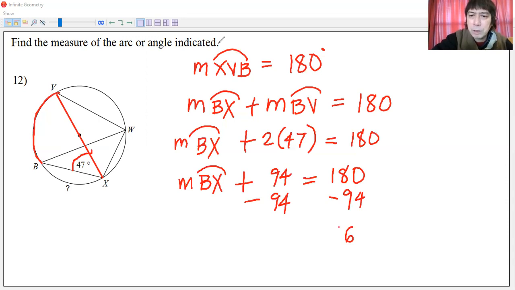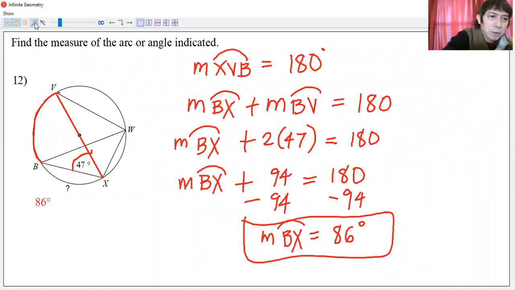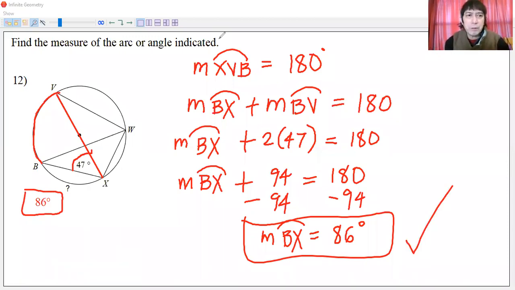This is 86 degrees. That's the arc BX. Let us verify the answer. What's the answer below the diagram? Yes, it's 86 over here. That's our computed value.